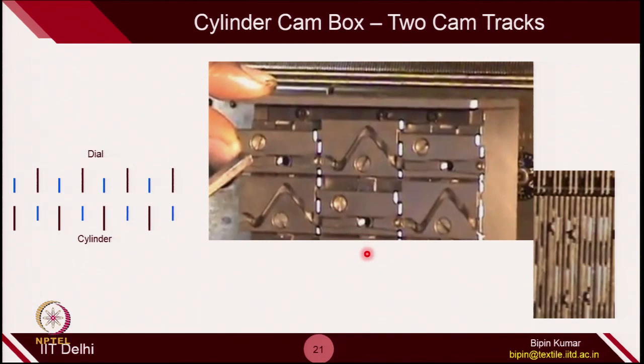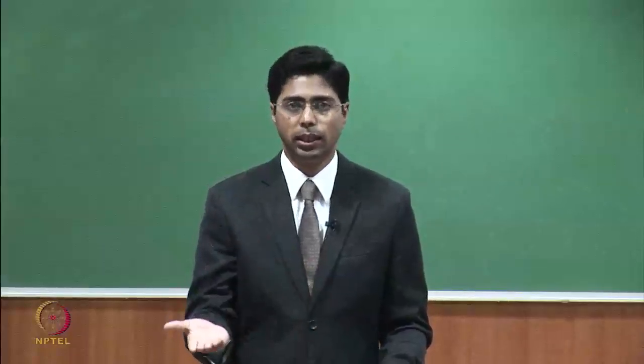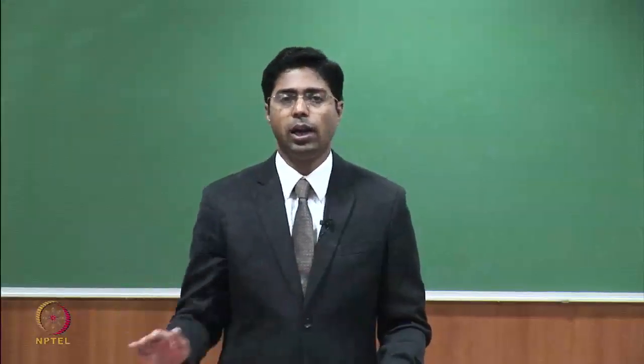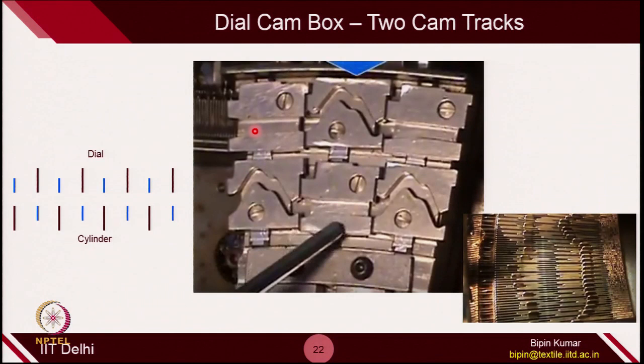This is how, whenever at a particular location the short butt needle is active, then naturally the long butt needle of that particular bed will be in an inactive position. This is done to avoid collision, and this type of cam arrangement is there for both the dial as well as the cylinder bed. This is the dial cam box. Again you can see the short butt needle position.